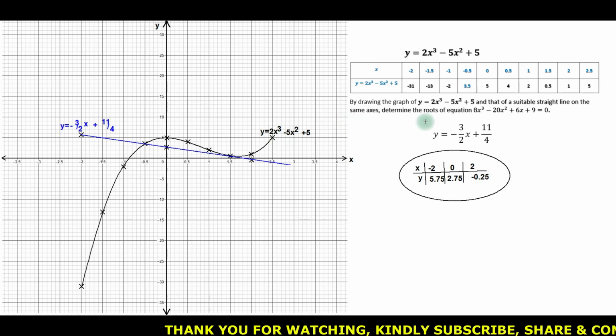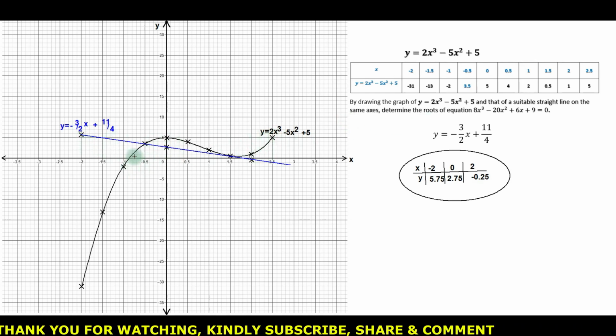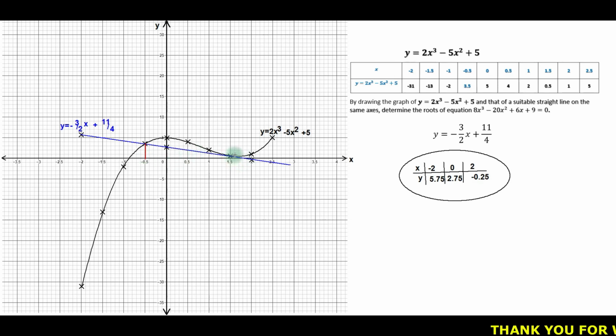Where this straight line cuts this cubic function, we read all the x values at the points where it cuts the curve.